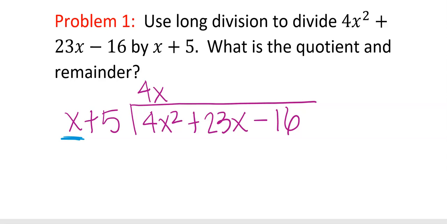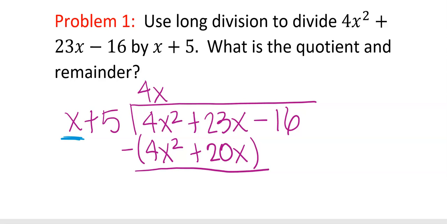So now we're going to multiply. So 4x times x should match it to be 4x squared. Then you have to bring that 5 into it. So 4x times 5 would be plus 20x. And what I usually do, and we're going to subtract it, is if you have 2 terms on the outside, you should have 2 terms when you multiply.